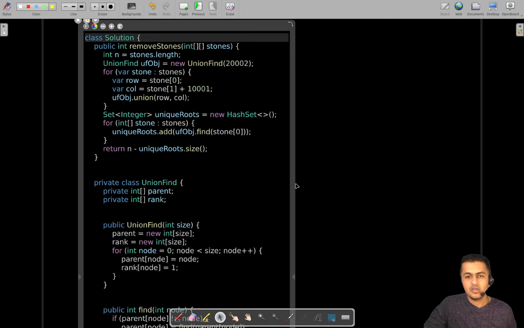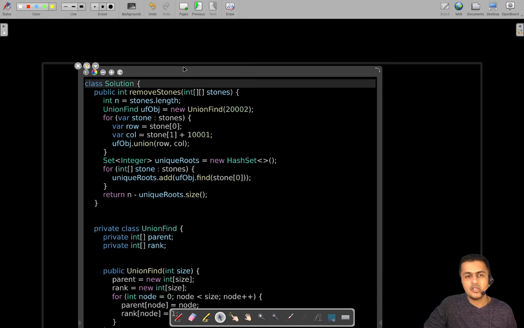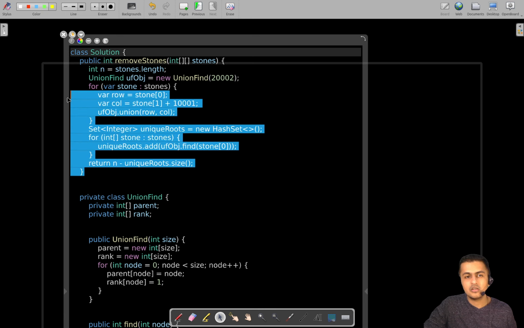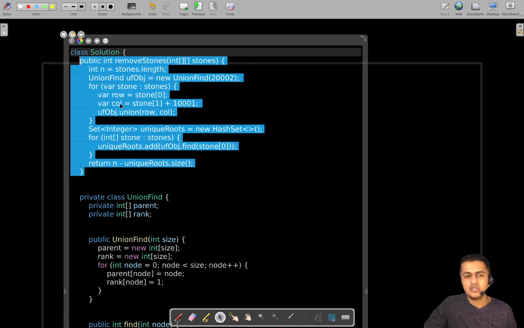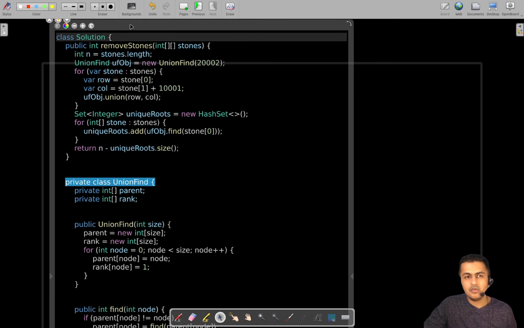Otherwise, the function is just this much, but this is the data structure that we have implemented. So we will be talking about that.